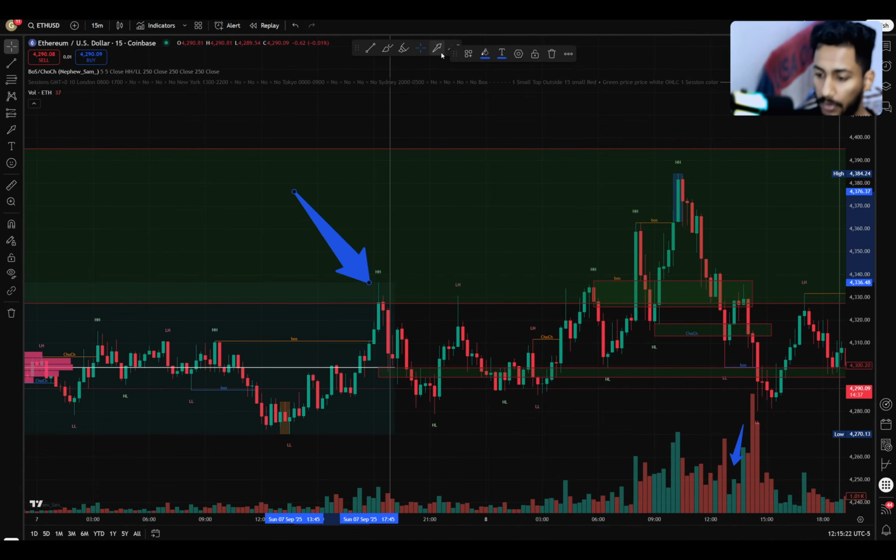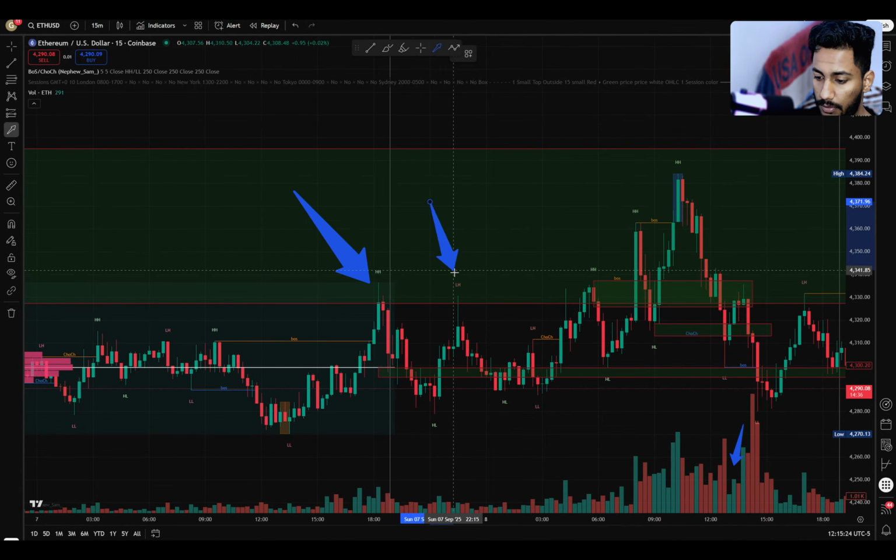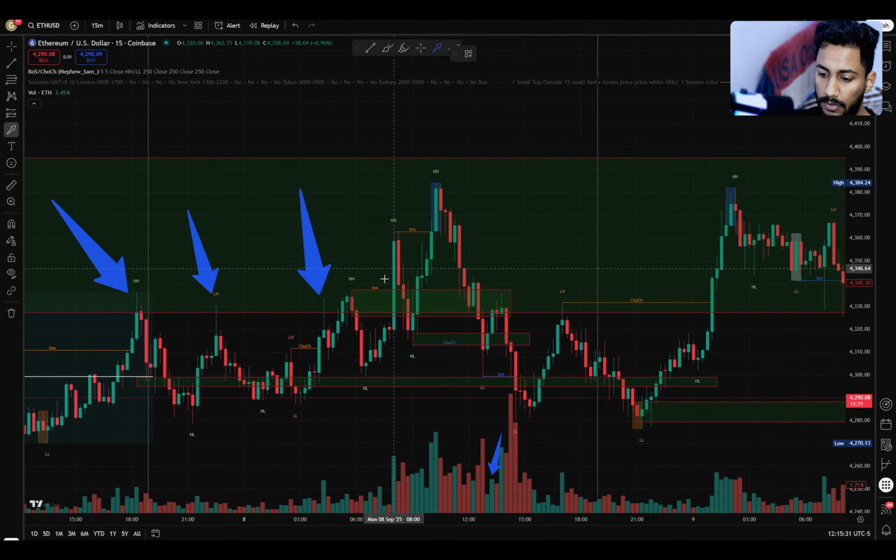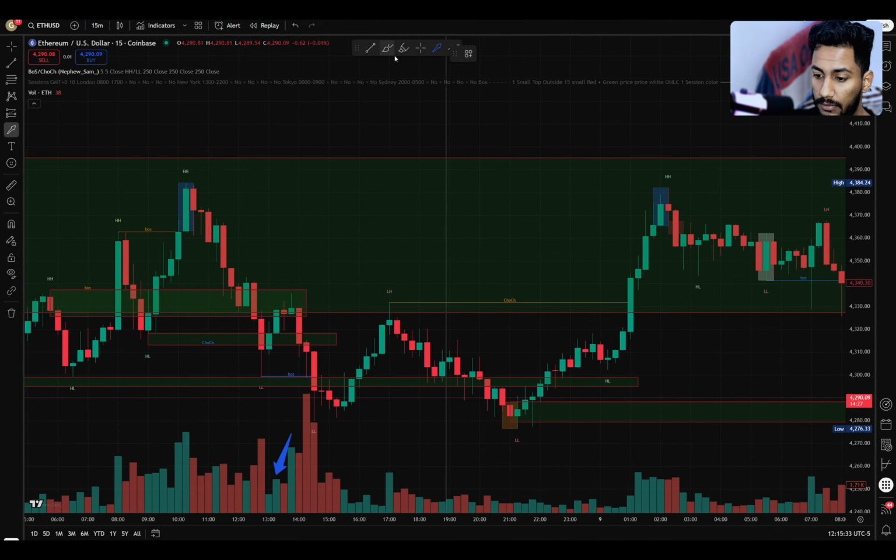Look, and then price successfully breaks that with a good candle. So it means there was good buying pressure in between this one, but it fails to break over our fair value gap high. So our fair value gap is still valid.